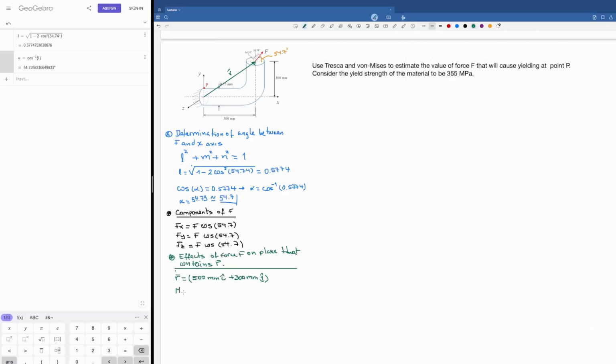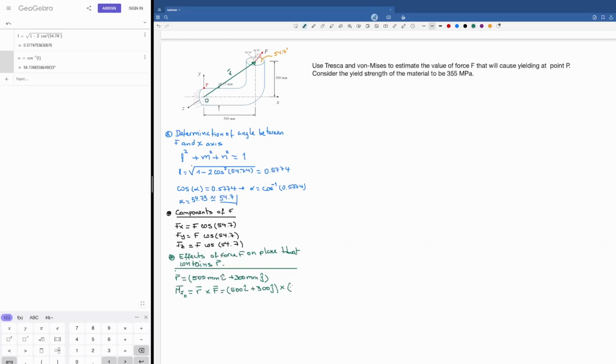And why do I need my position vector? Because the moment caused by F, let's call it at the origin here, is going to be the cross product of that and the force that I have just found. I'm going to omit the units just to save space, plus 300 millimeters J, cross this force.